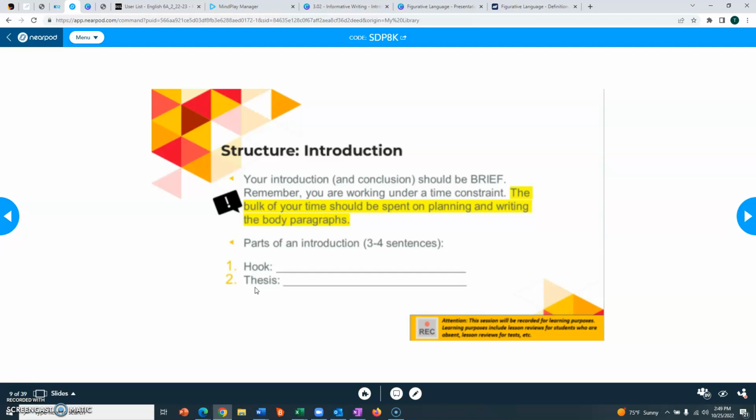Your thesis is when you answer the question that the prompt is asking you. So for example, if my question was something like, how are the Burmese pythons affecting the Everglades? Based on the sources I read, my thesis would say something like this: the Burmese pythons are affecting the Everglades because of this, this, and this.